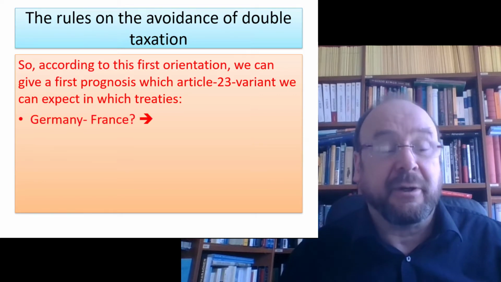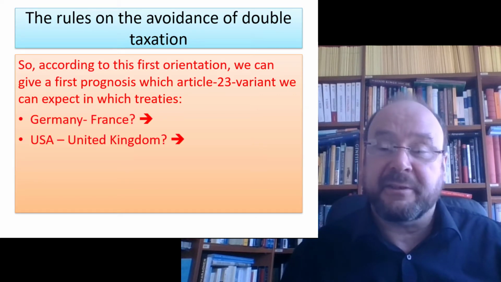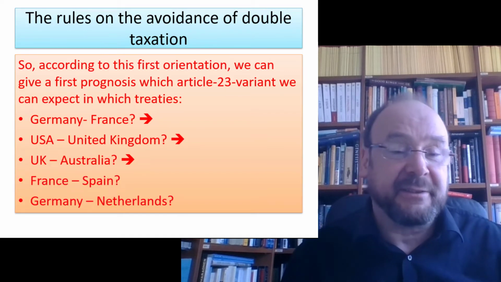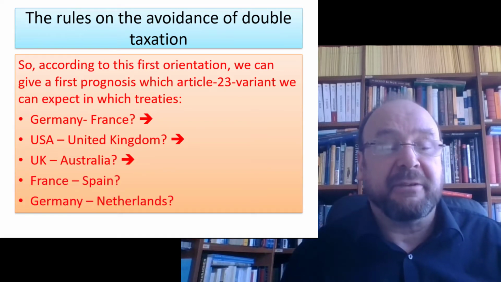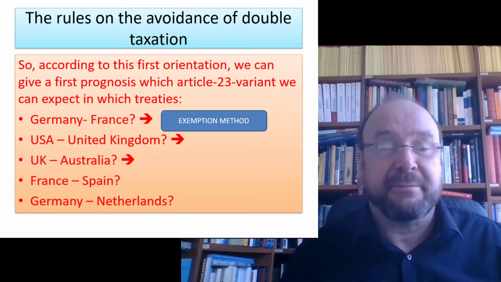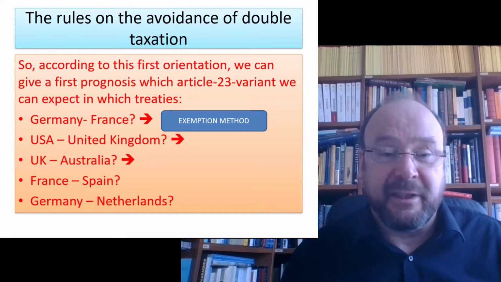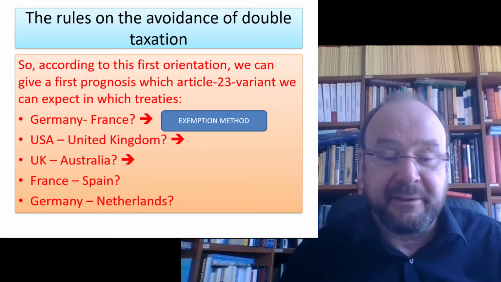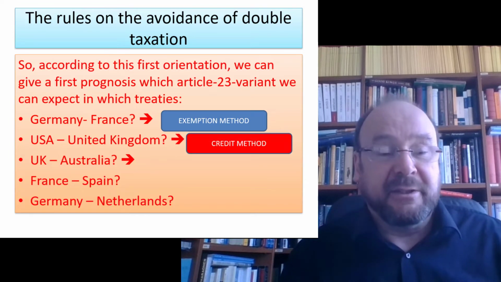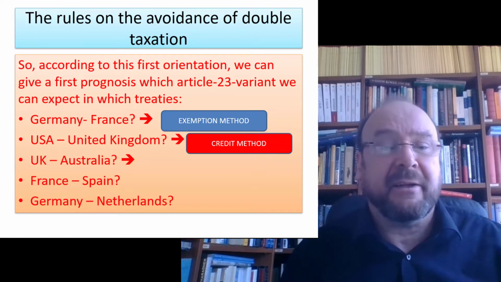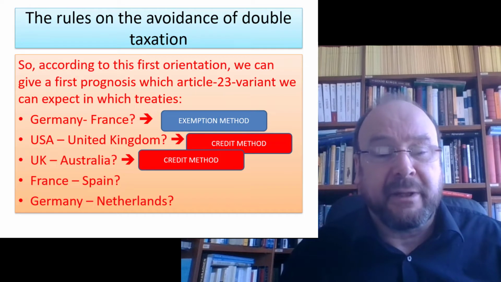For example, Germany, France, USA, United Kingdom, UK, Australia, France and Spain, Germany and the Netherlands, all that we could guess. Now, Germany, France are continental Europe, so we expect the exemption method. USA, United Kingdom are both British influenced, Anglo-Saxon countries, so credit method. UK, Australia. Australia is also British. That's also the Anglosphere, so credit method.